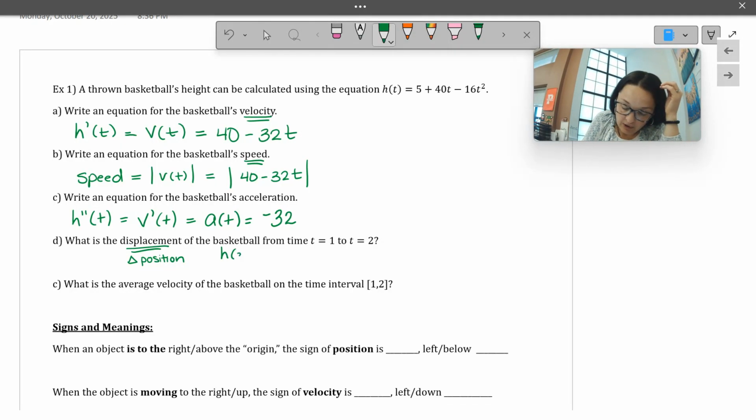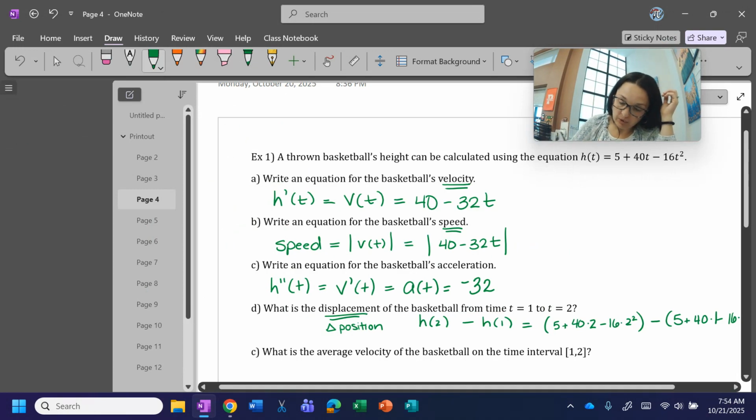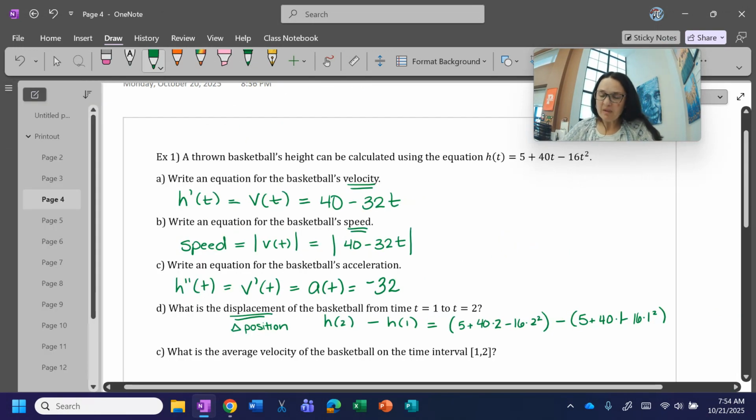So I need my height at 2 minus my height at 1, which is going to be 5 plus 40 times 2 minus 16 times 2 squared, minus 5 plus 40 times 1 minus 16 times 1 squared. And you are allowed to use a calculator. I am going to pull up some Desmos here and get this rolling.